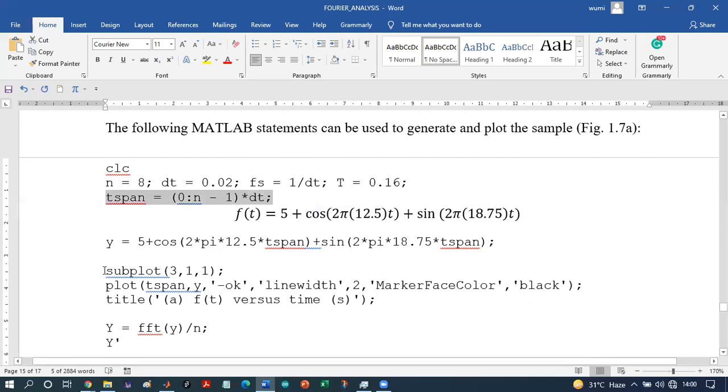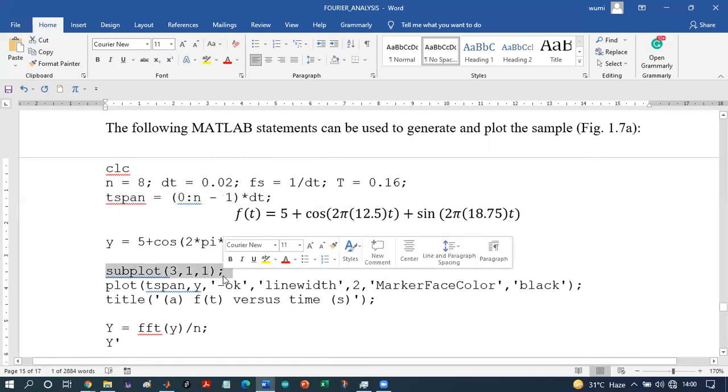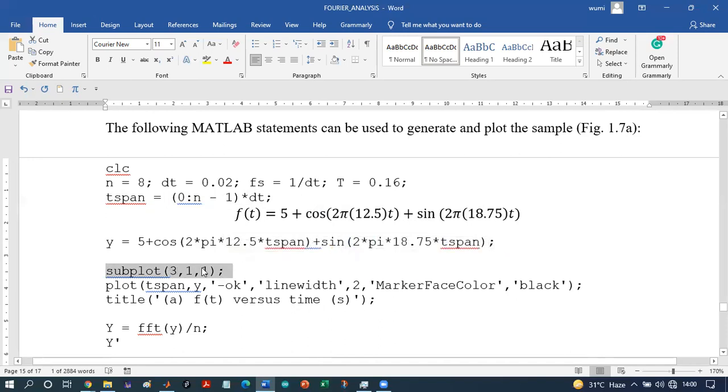Then this is to plot. So you are plotting 3 graphs. That's why you have 3, 1, 1. So the first graph we are plotting is the signal itself, f of t, as a function of t.